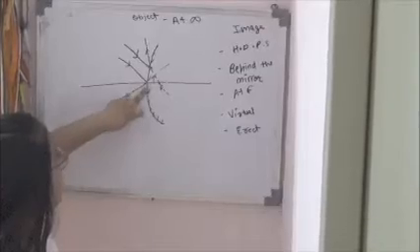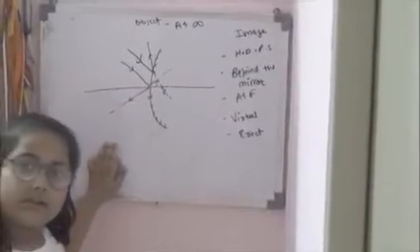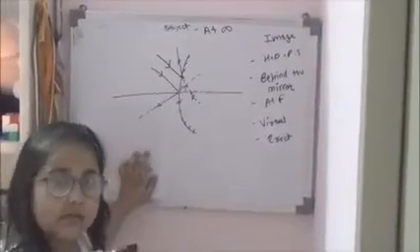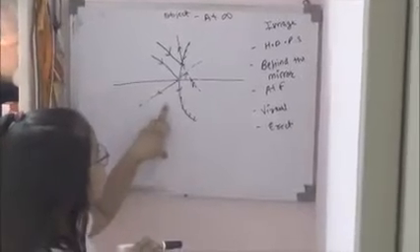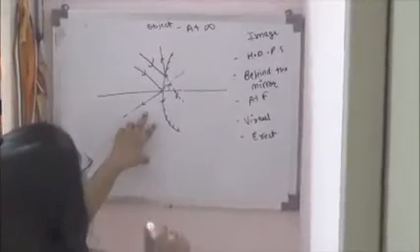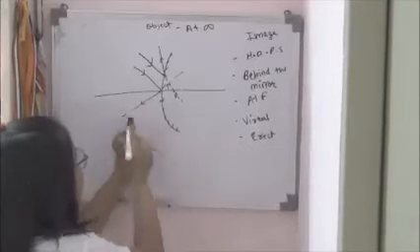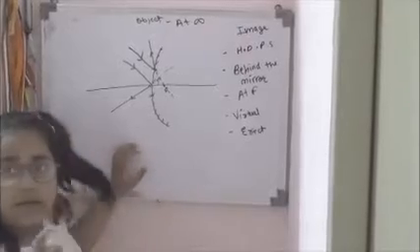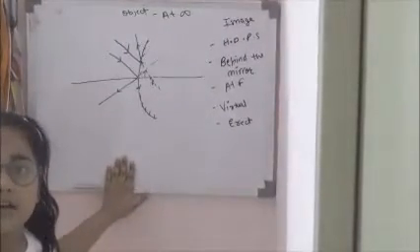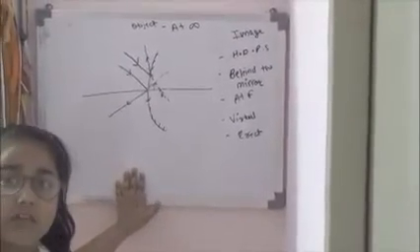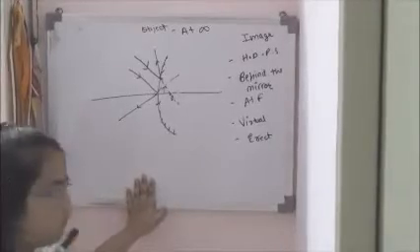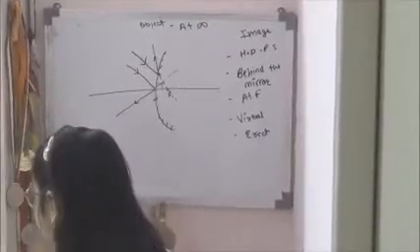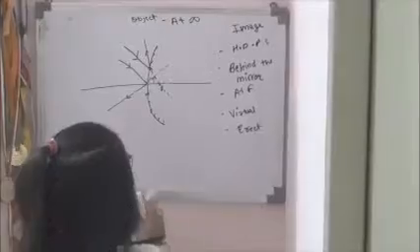And because this image is upright, the image is erect. So this proves that the image formed is virtual and erect, though highly diminished and point sized. So this was our first case.